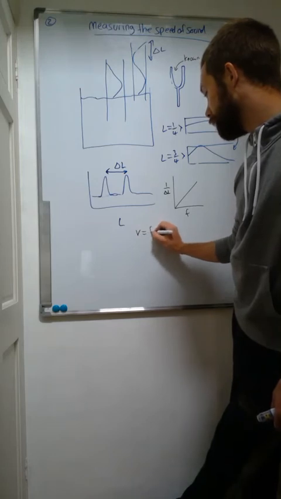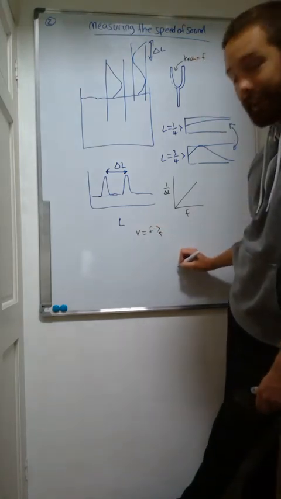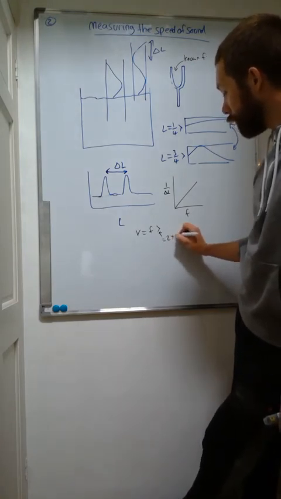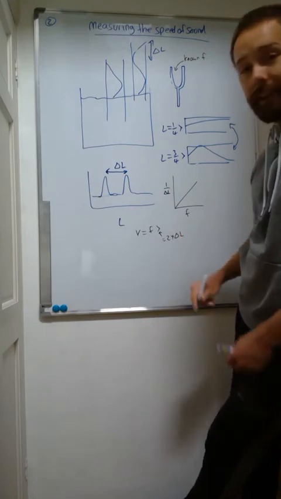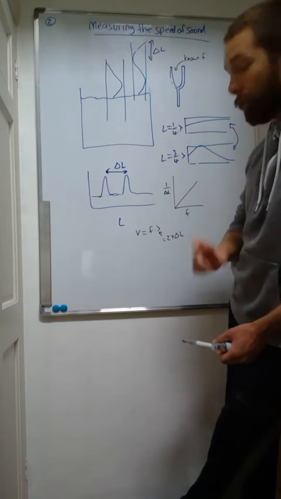So v equals f lambda. We know that lambda this time is equal to 2 lots of the change in length, because remember, our change in length is equal to half of a wavelength.